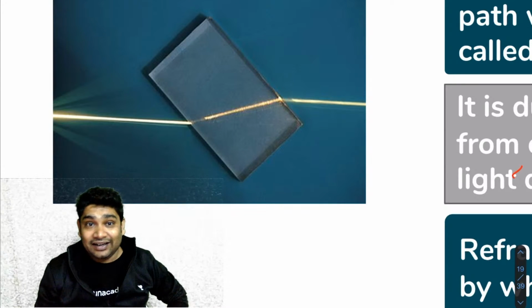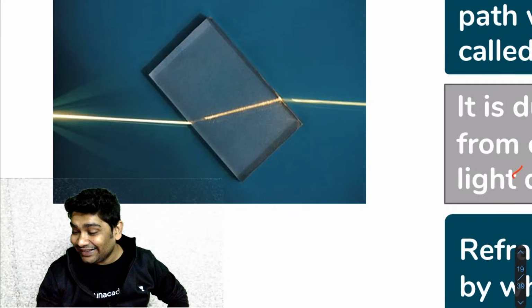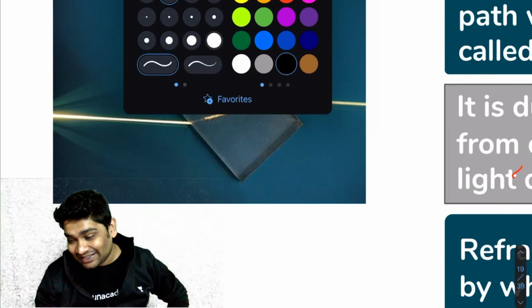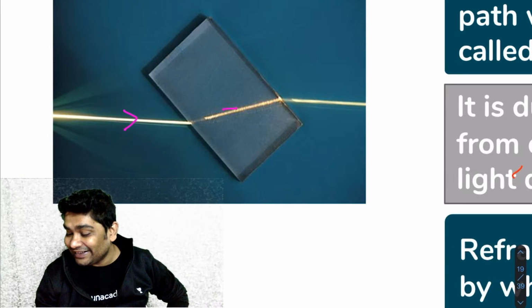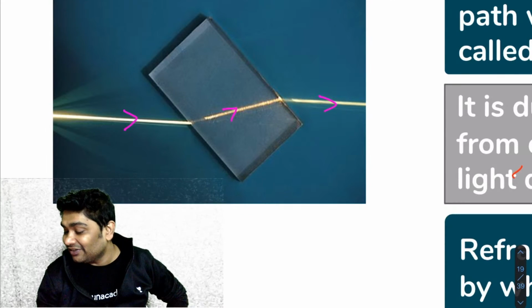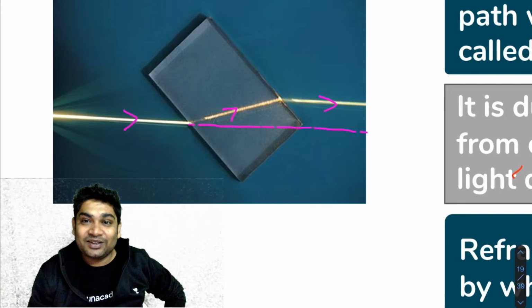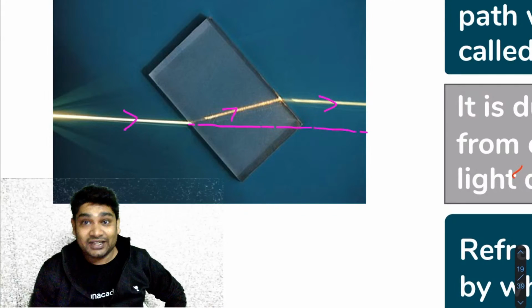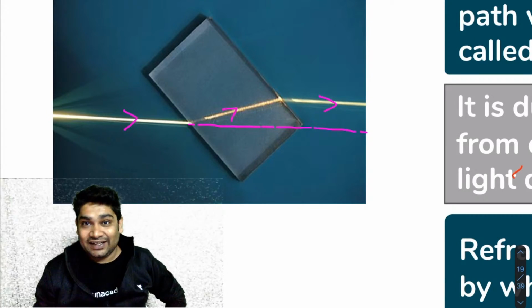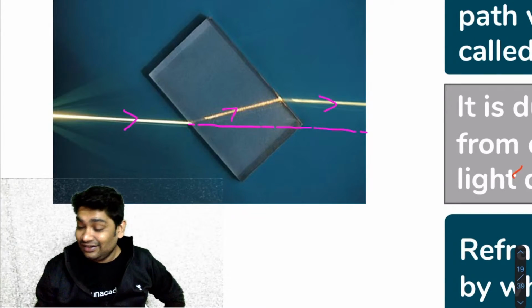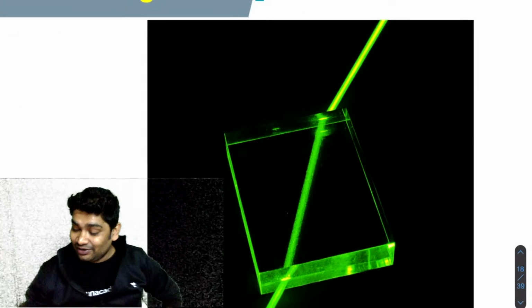You realize that a light ray that is entering from here gets bent like this, and then it is coming out parallel to this one. The two rays, the incident ray and the emergent ray, are in fact parallel to each other. You can see that happening here also.